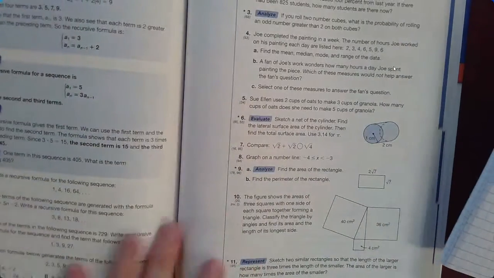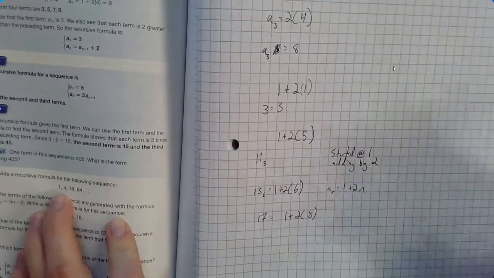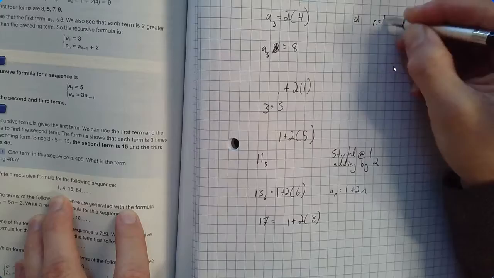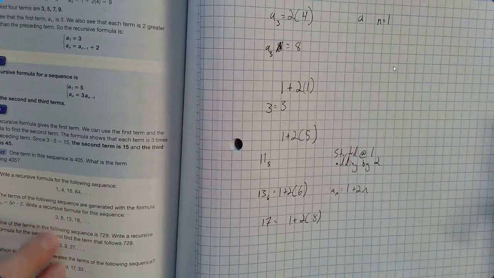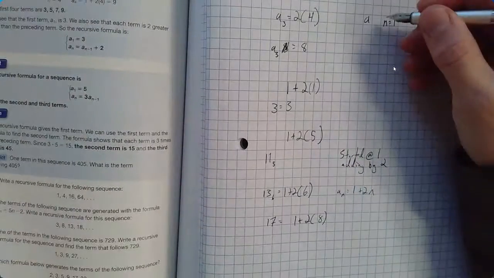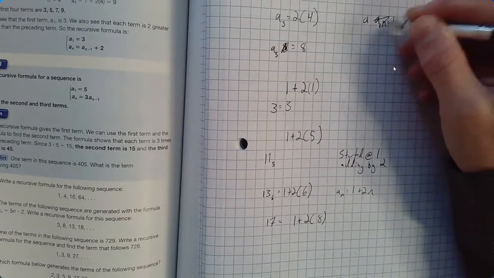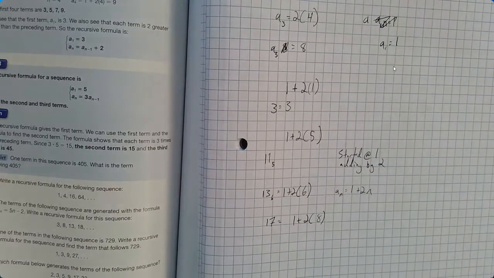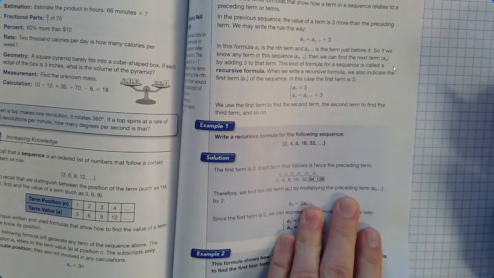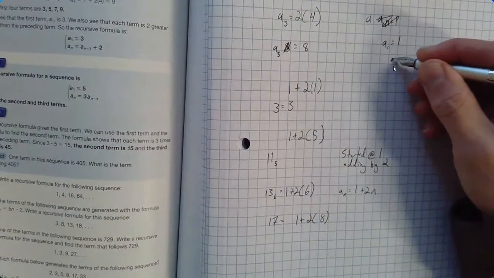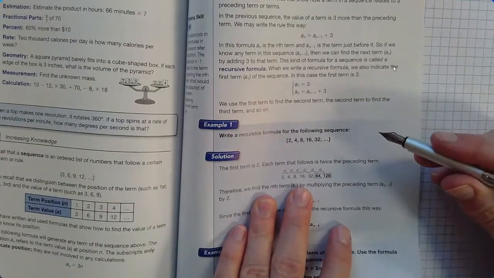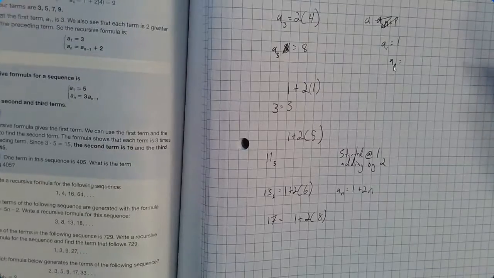So here we have first term is 1. So n equals 1 for our first term, A1. A1 equals 1. And then for A of n, well, we have to figure out a little bit here.